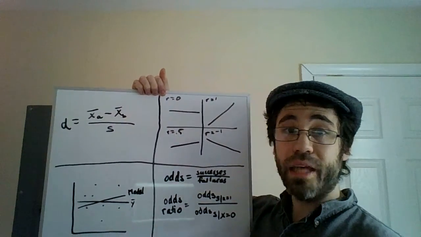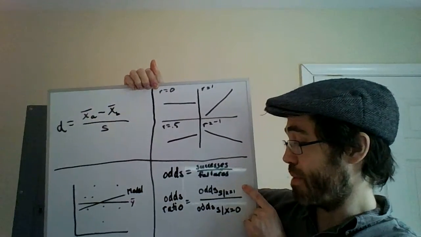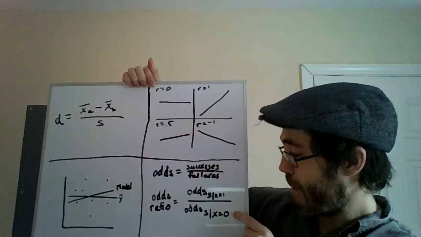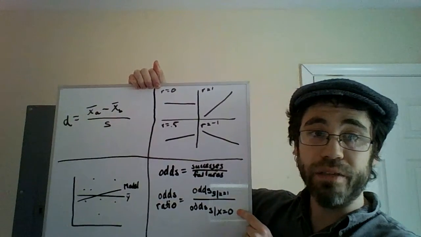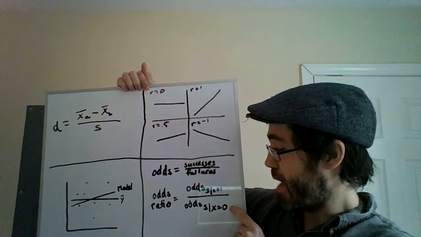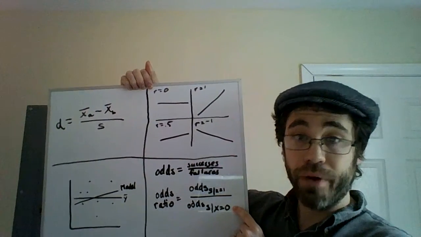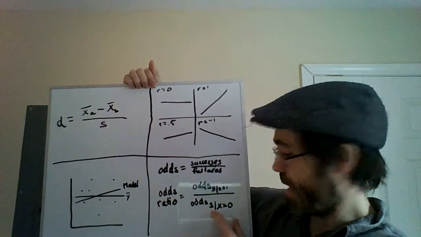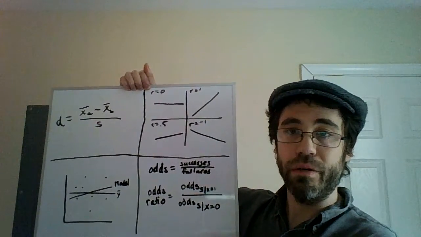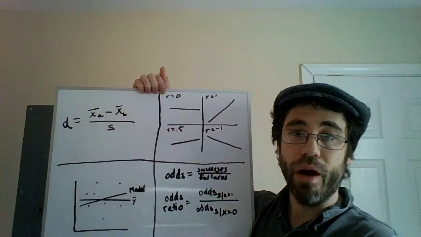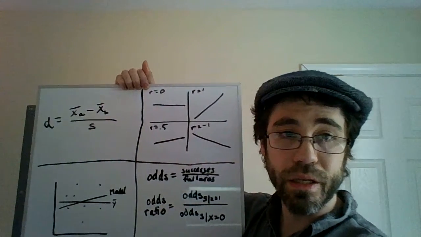Statistically, that's calculated by dividing the odds of lab in the summer, the odds of S given x equals 1, by the odds of lecture in spring, the odds of S given x equals 0. It is a ratio of odds to odds.